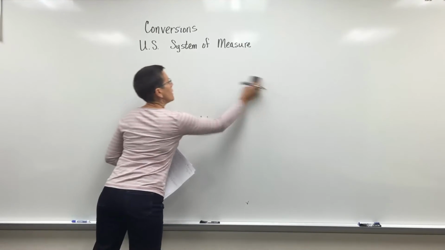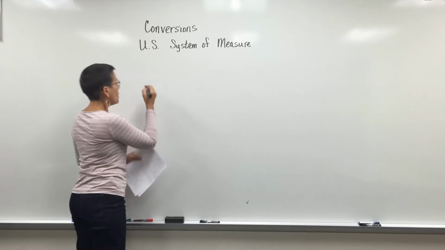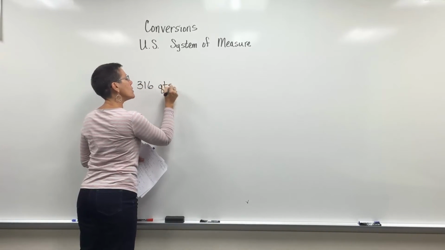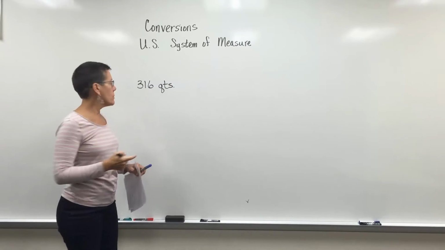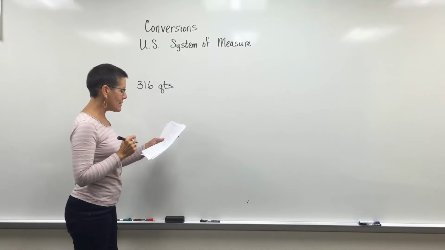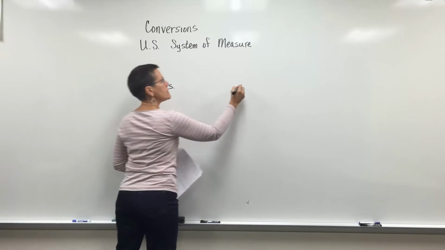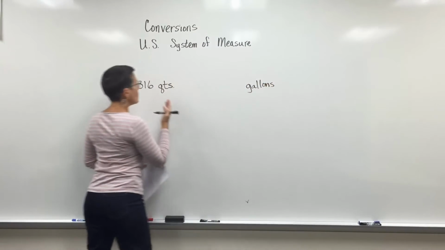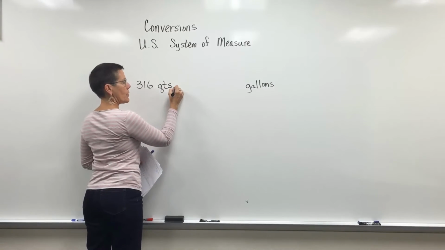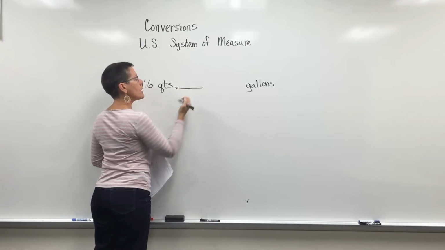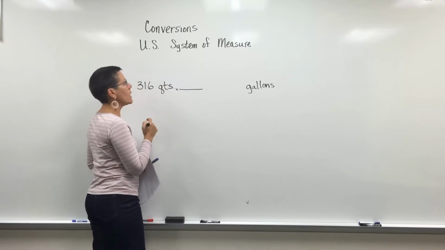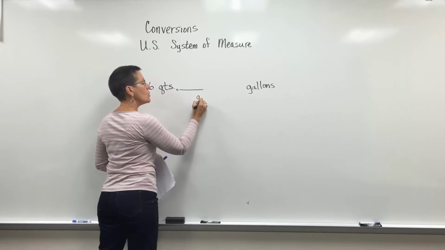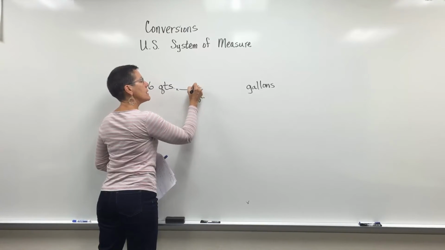Let's do a problem that's going to force you to divide. So I'm going to take 316 quarts, and I'm going to abbreviate the word quarts, a liquid measure, as QTS, and I want to convert that to gallons. So this word quarts with the 316 is in the numerator, so I've got to come over here, a flat fraction bar, and I'm wondering if I know a truth about quarts and gallons.